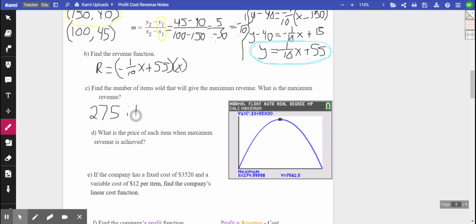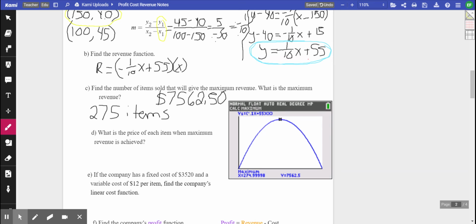So 275 items will maximize our revenue at, it looks like, $7,562.50. Okay, so 275 items sold will maximize our revenue at $7,562.50.